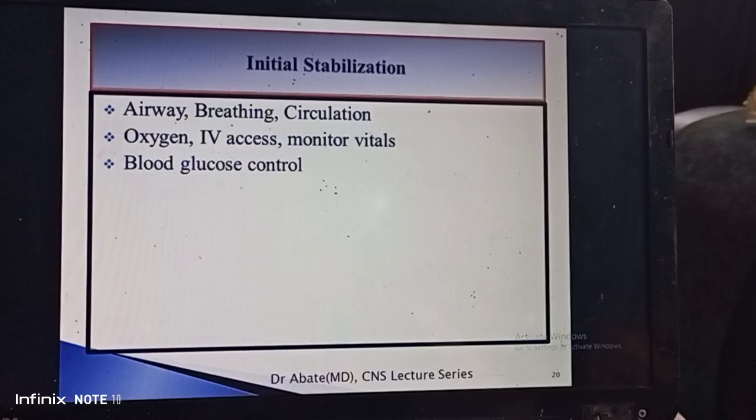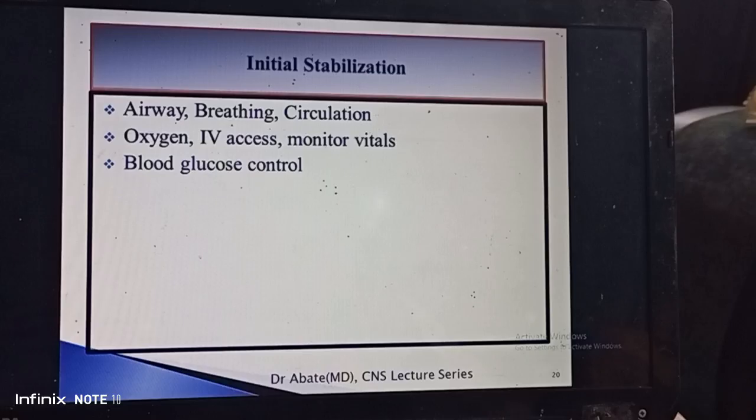If the patient is comatose or the vital signs are deranged, one of these things might be affected, and you have to put the patient on oxygen. IV access is also important, and you have to monitor the vital signs.